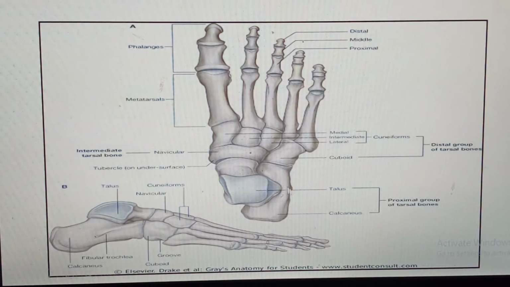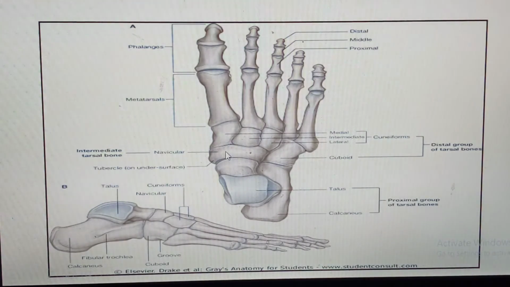So these are the proximal row bones. Then we go to the intermediate row. For the intermediate row, there's a single bone, medially placed, anterior to the talus, which we call the navicular bone.